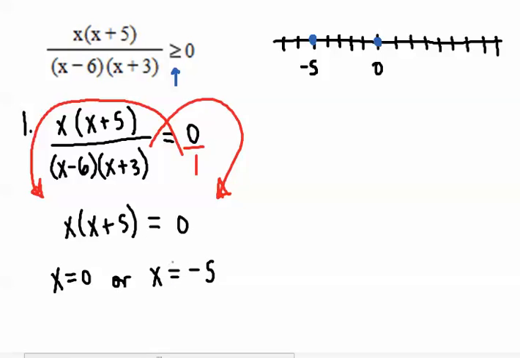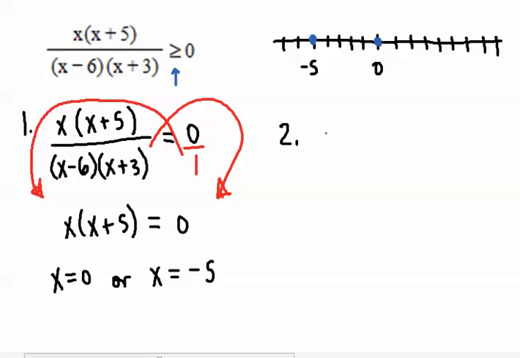Okay, then the next thing that I have to question myself about is, where can there not be an answer at all on this question? Where is this entire rational expression undefined? What makes a fraction undefined? What about 0? 0 as the denominator would make it undefined.